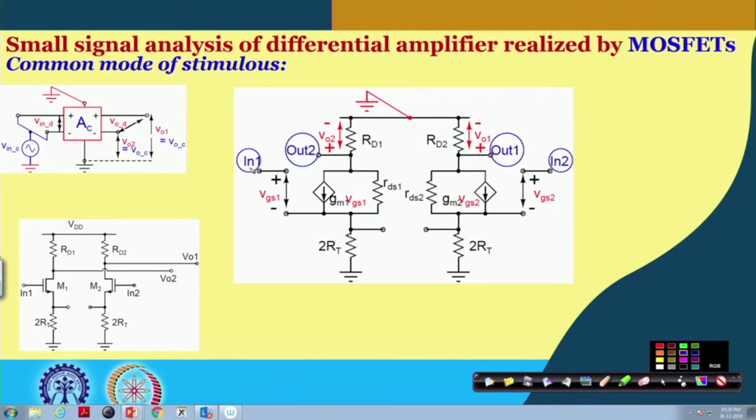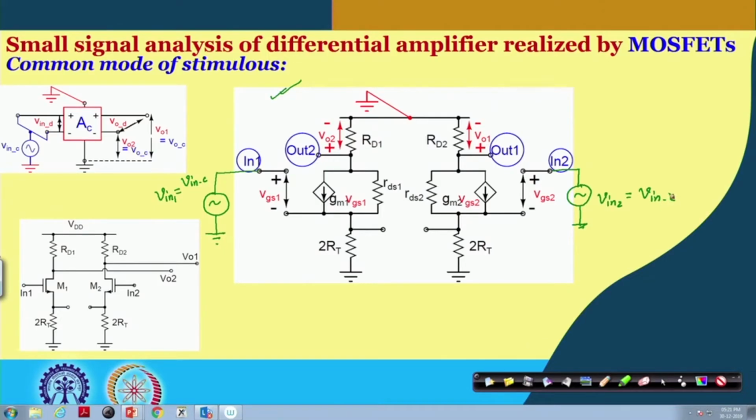Here we have the small signal equivalent circuit, and here we would like to feed the small signal, so V in 1 equals V in C. Same signal we are feeding at the other input, so V in 2 equals V in C.